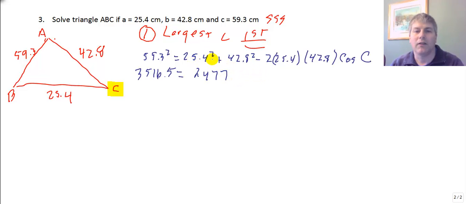That's the 25.4 squared plus 42.8 squared minus 2,174.2 cosine of C.